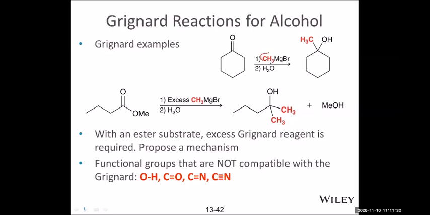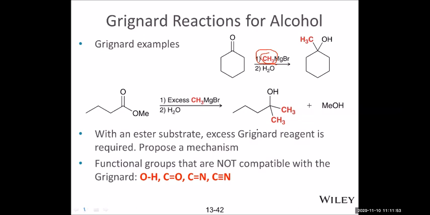And this is the methyl in the Grignard reagent, with a negative charge. It'll attack the electropositive carbon here. So you can see the final product gives us a tertiary alcohol. Grignard reagents react with the ketone to give a tertiary alcohol.